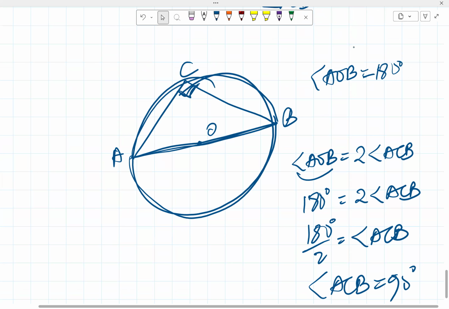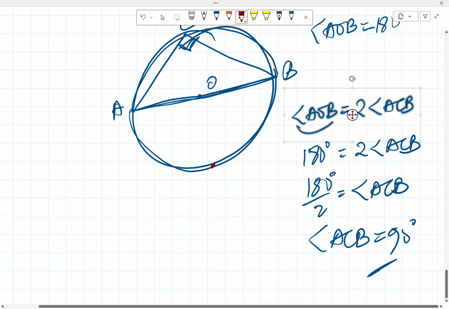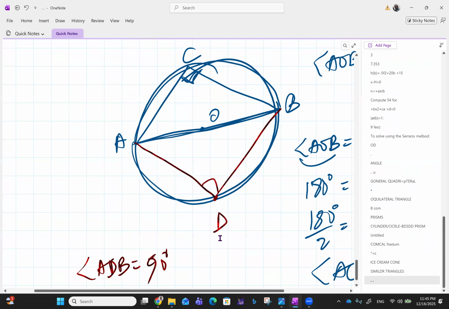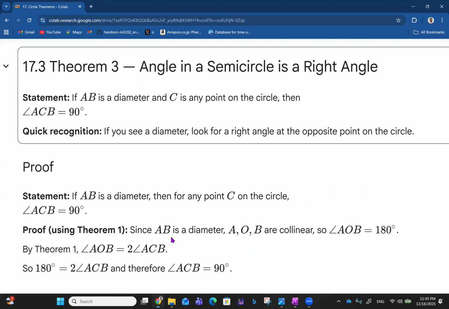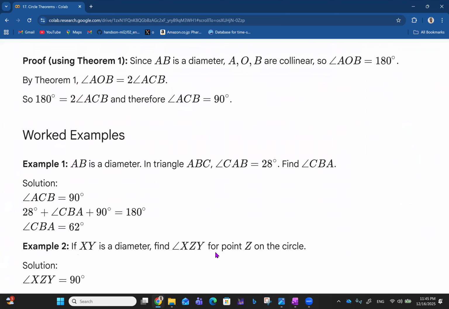If you also come here and call this D now, as far as the same diameter is making this, it is automatically a right angle. So angle ADB is also 90 degrees, going by the same idea. So the proof is straightforward. Maybe that's about the simplest proof so far.